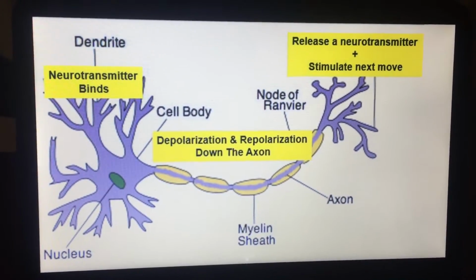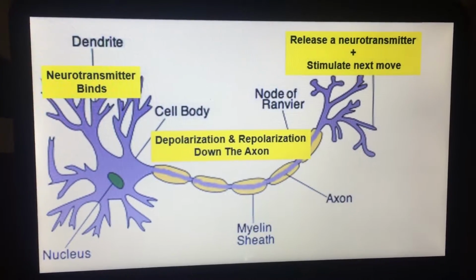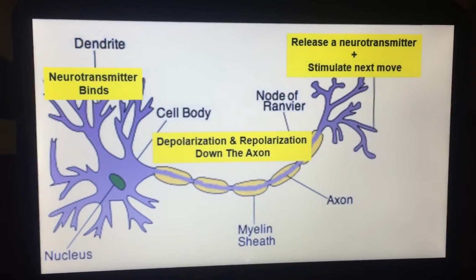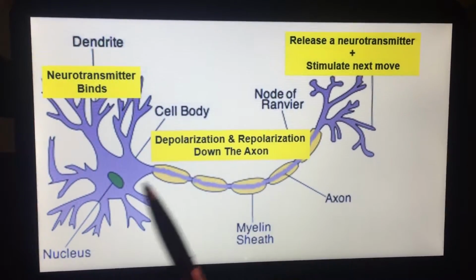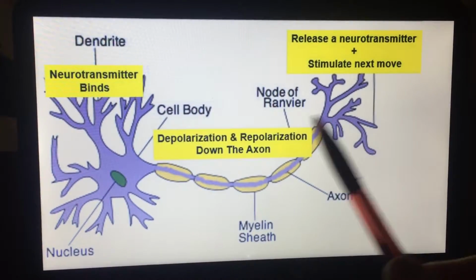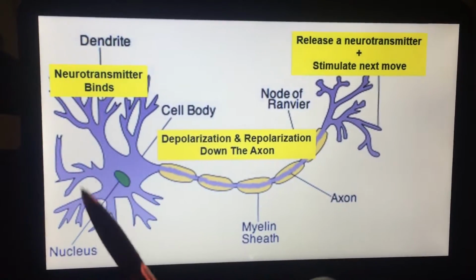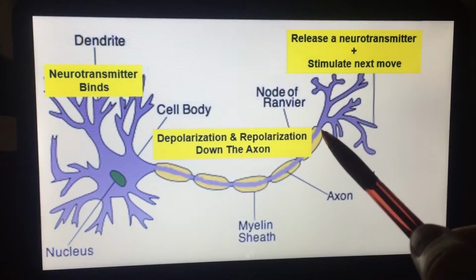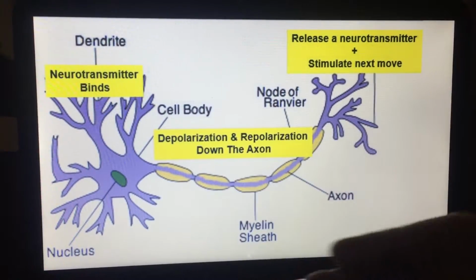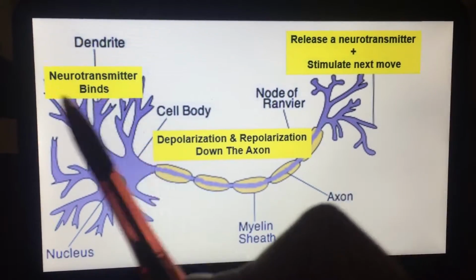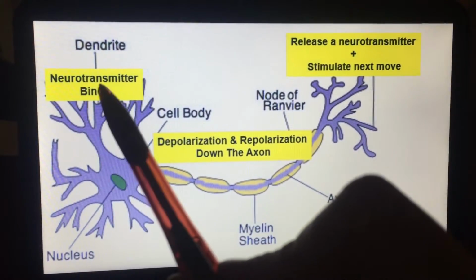So then, to summarize the main part of these steps, and again, of course, we're going to go into detail in these. Here's my neuron, orient yourself first. I have my cell body, dendrites, axon covered in a myelin sheath, and axon terminals. So a neurotransmitter binds to my dendrites here on my neuron.